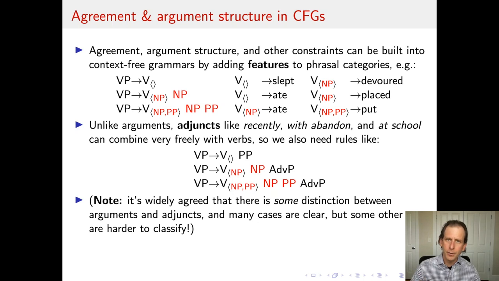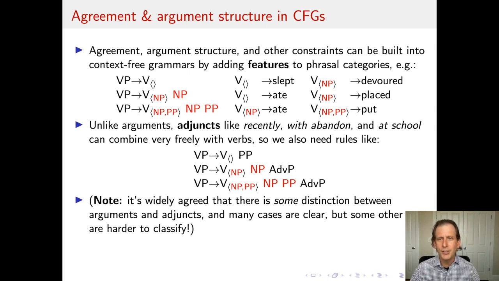Okay. And I want to note that it's widely agreed in linguistics that there is some useful distinction between arguments and adjuncts, and there are many cases that are clear, like direct objects in English, but there are others that are harder to classify. So this is a whole area of deep and rich and interesting investigation, and the relations between the syntax and the semantics in particular are very rich and interesting.